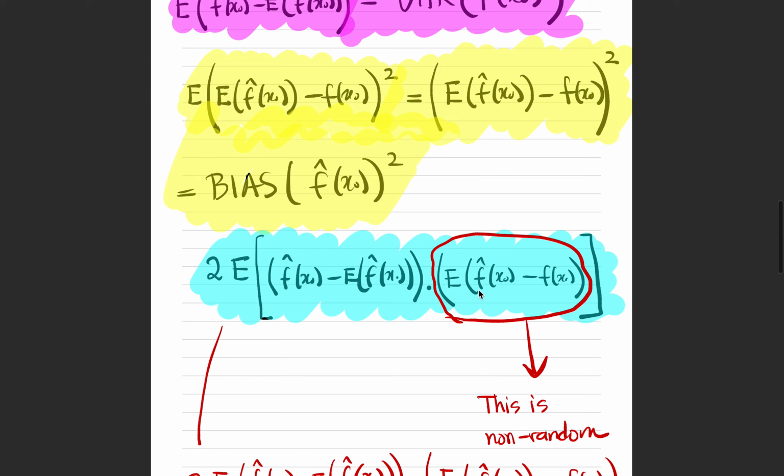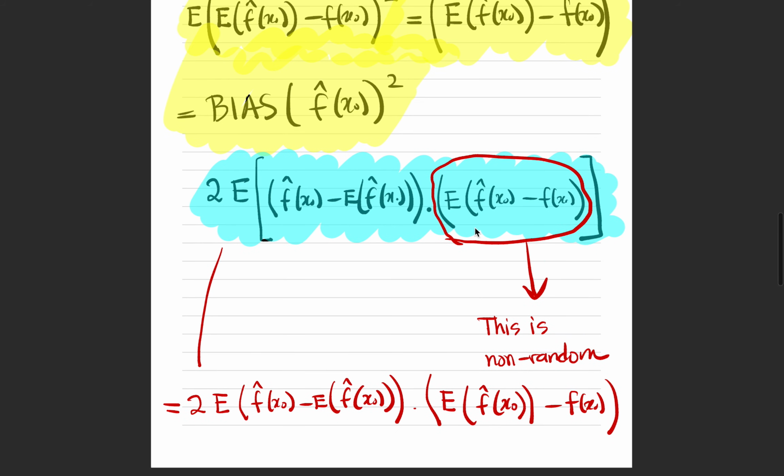Now, pay attention to this. F hat minus f expected value. Once you take the expected value, it's not random anymore, it's a constant. So we can take it out of the expectation, and what remains is the expected value of f hat minus the expected value of the expected value of f hat, which is 0.